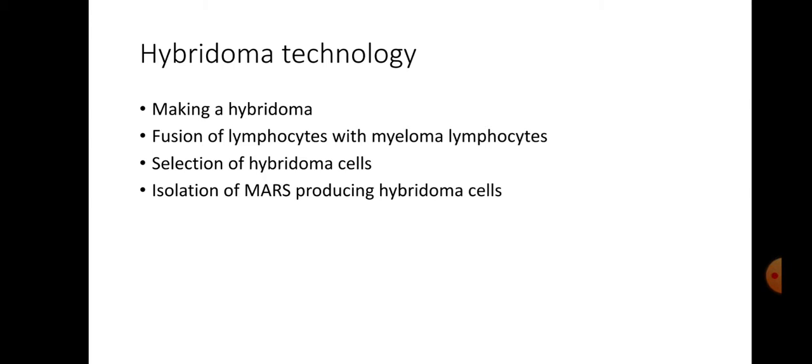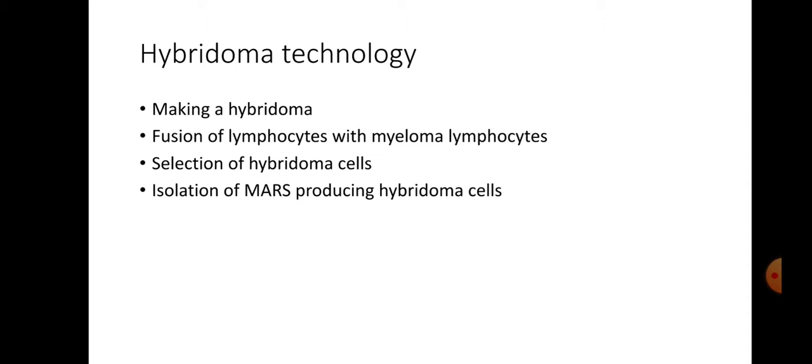This is done by using a HAT medium for growth. HAT stands for hypoxanthine, aminopterin and thymidine. When the mixture of cells is grown on the HAT medium, the unfused normal lymphocytes and the unfused myeloma lymphocytes fail to grow.